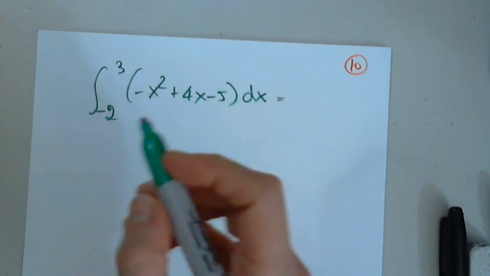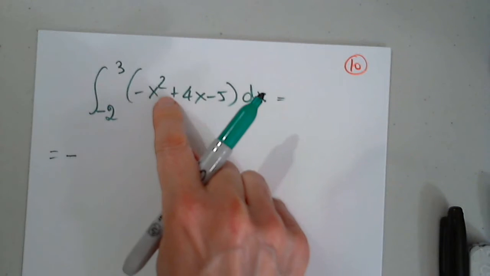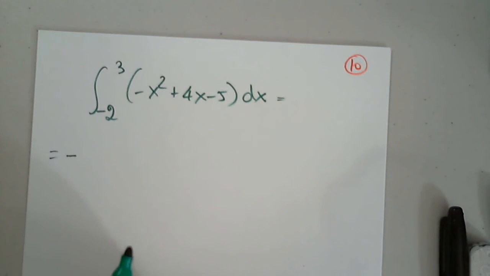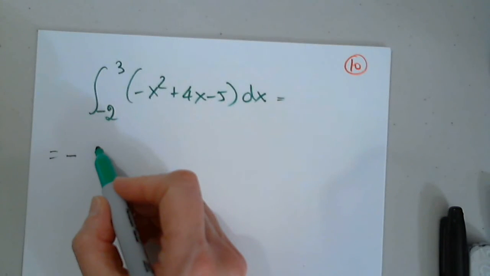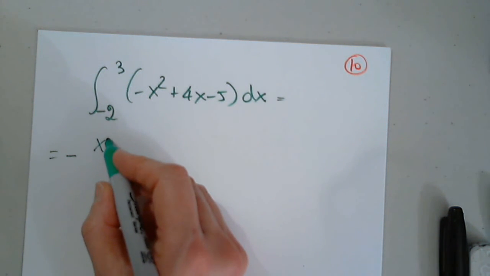So can anyone walk us through? I keep the minus in front. What function prime is x squared? Anyone? Negative x squared over 2.